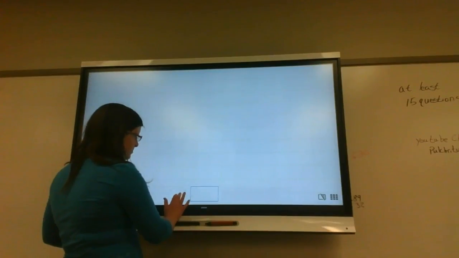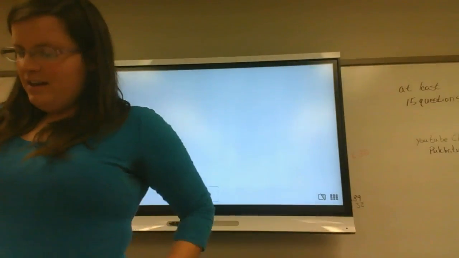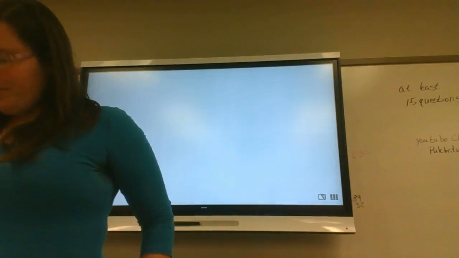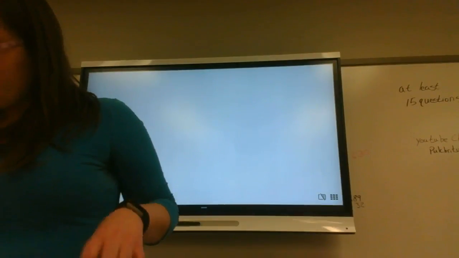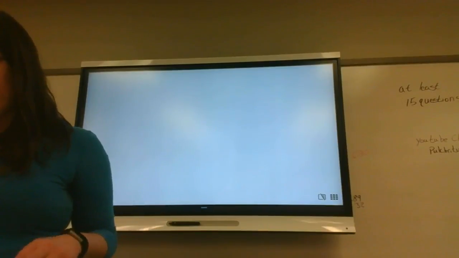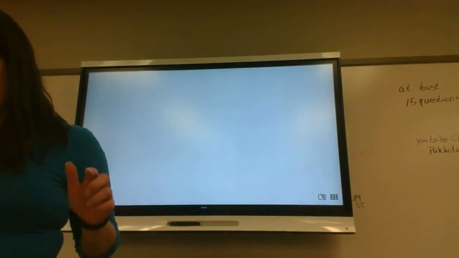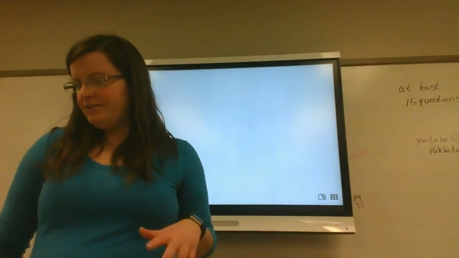So the example problem reads, a sailor pulls a boat a distance of 30 meters along a dock using a rope that makes a 25-degree angle with the horizontal. How much work does the rope do on the boat if the tension is 225 newtons?